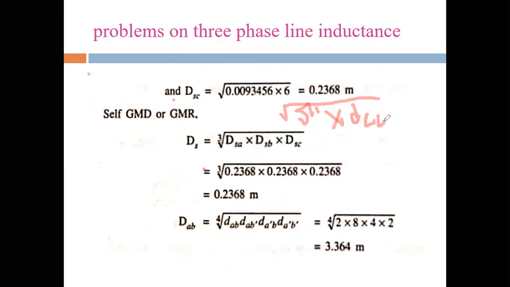The value of R dash, the self GMR, is 0.009346. Next, what is the distance between C to C dash?